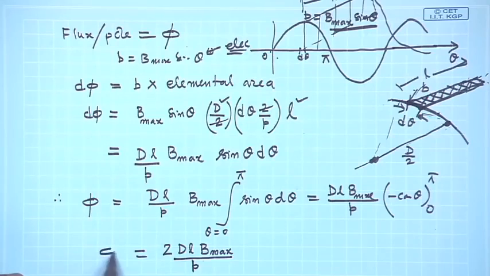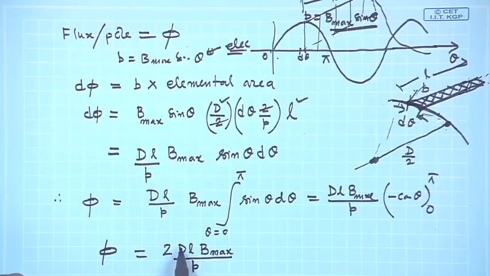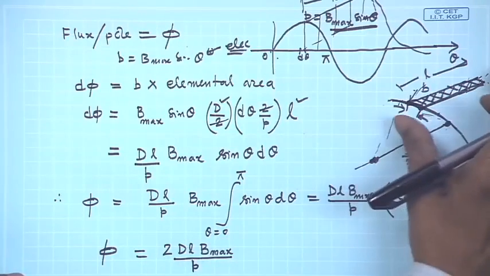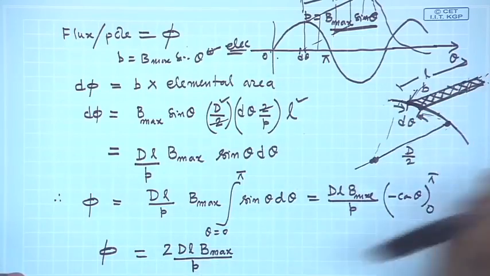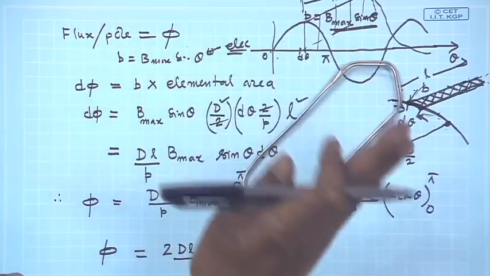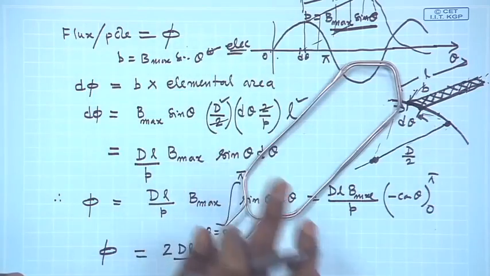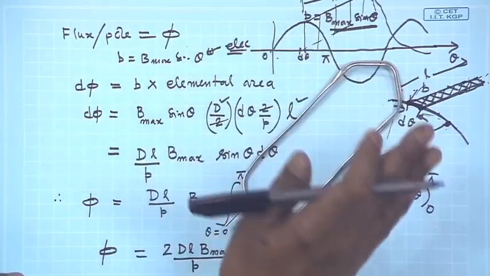So flux per pole is like this, but we must understand what each term is. D is diameter, L is the active length of the motor along this, over which B is like this, not a single curve, it is a wave.